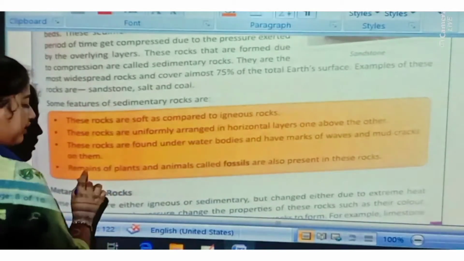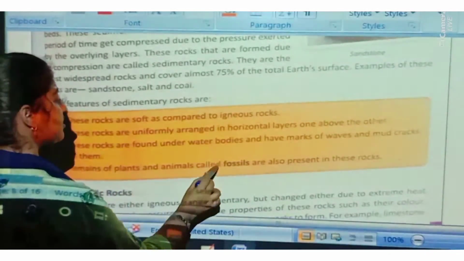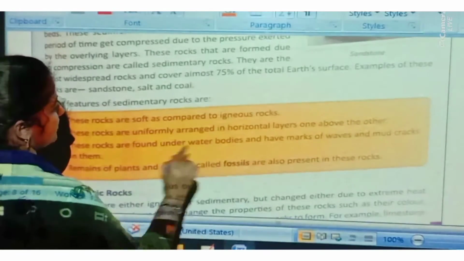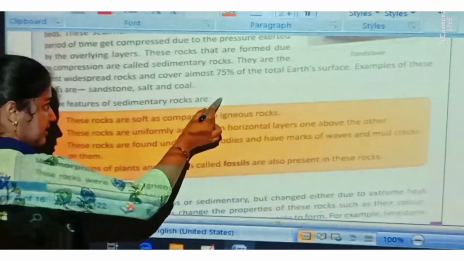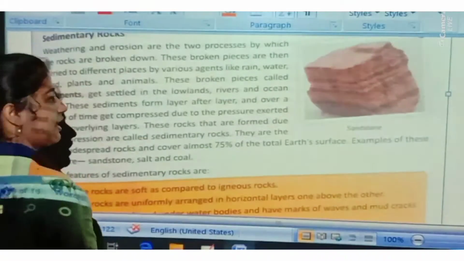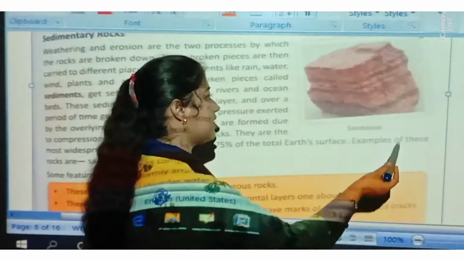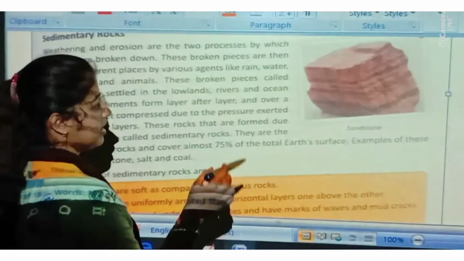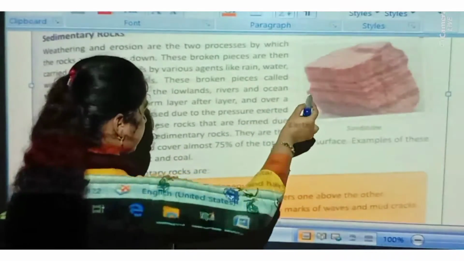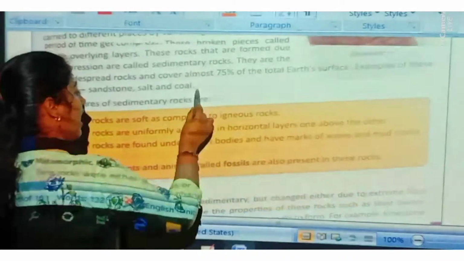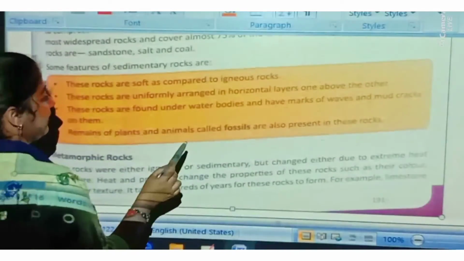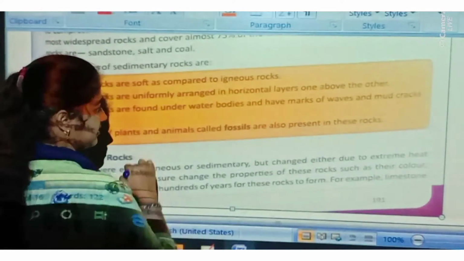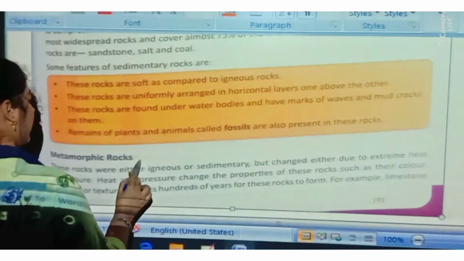Number 4, remains of plants and animals called fossils are also present in these rocks. In between these horizontal layers, if any animals get stuck in that portion, after years and years they turn into fossils, right?